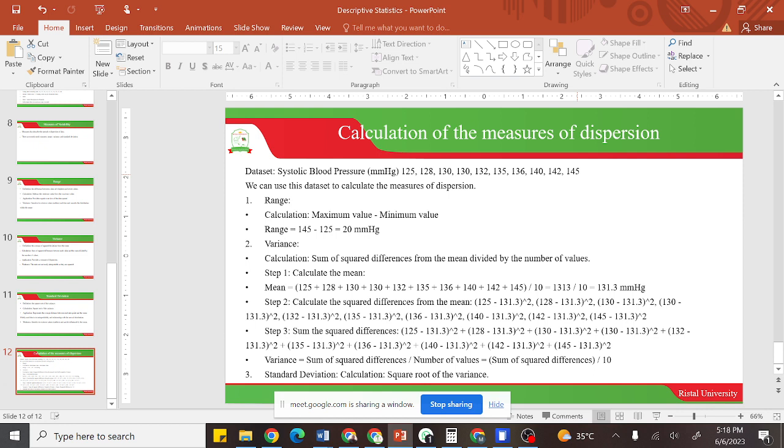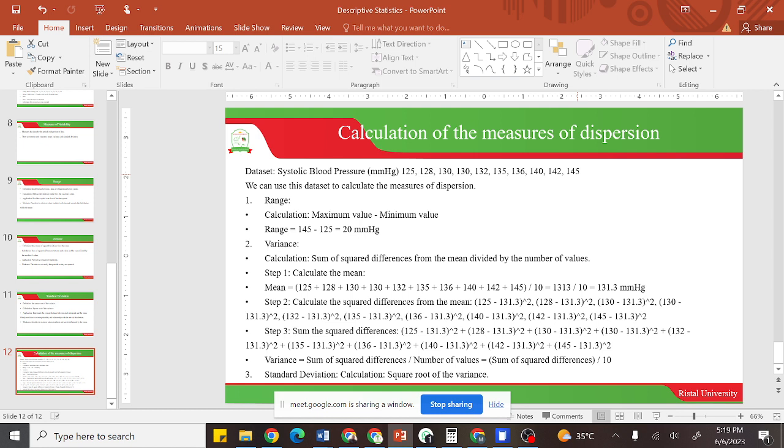That is step one. Step number two, for each value, which we usually call each data point, you subtract the mean from it and then square it.